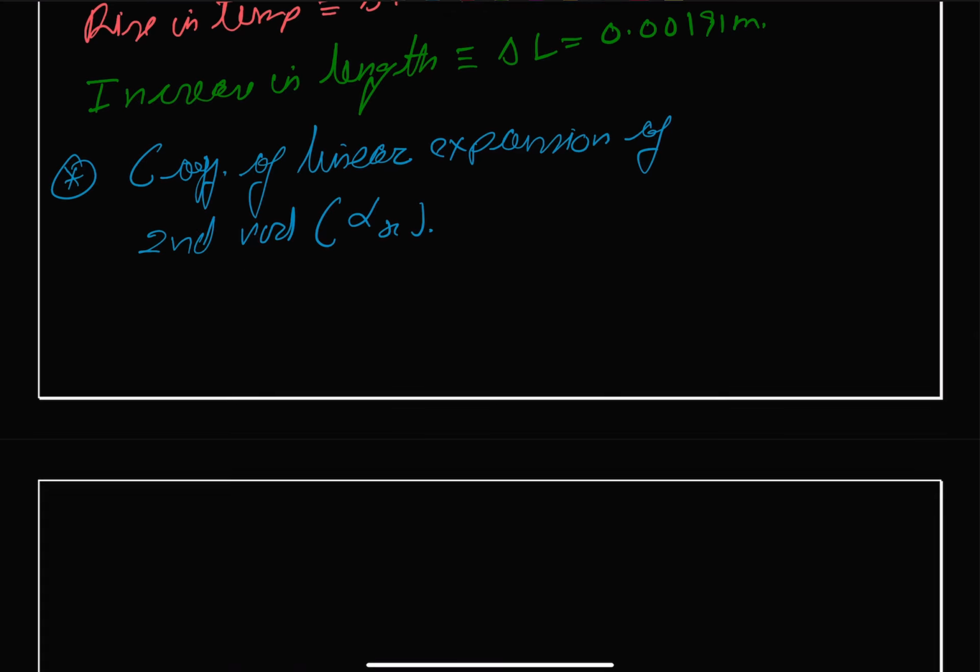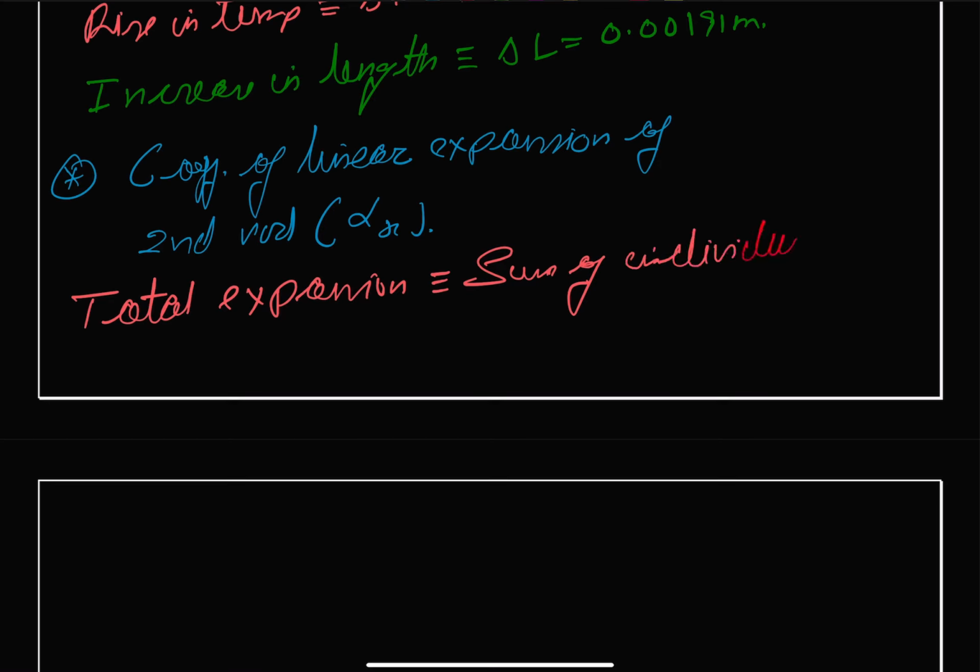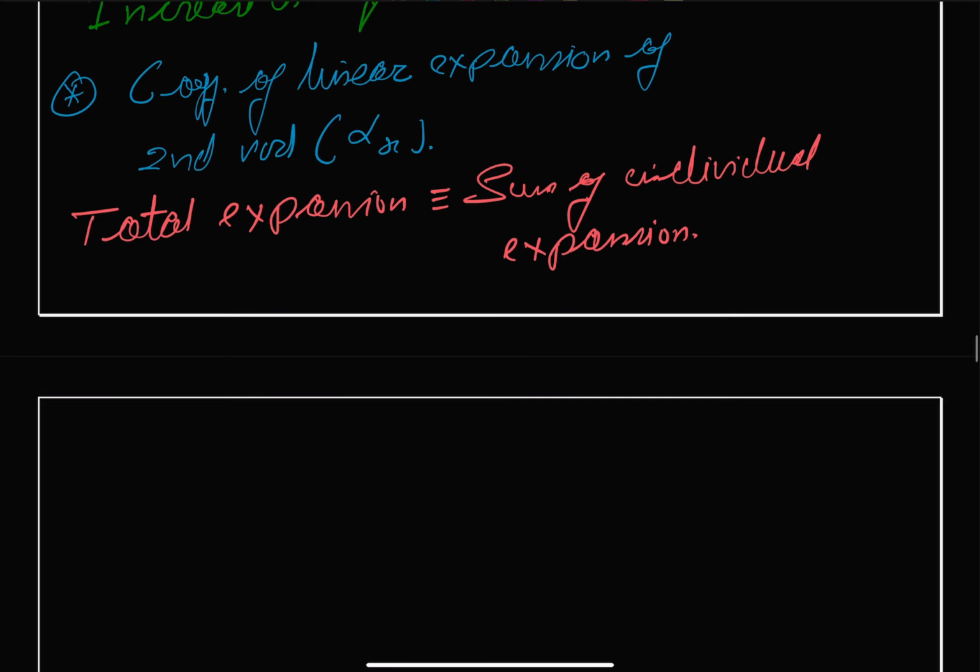So the total expansion, delta L, will be equal to the individual expansion for the copper, which is the length of the copper rod times its coefficient times the change in temperature, plus the same formula for the second rod.